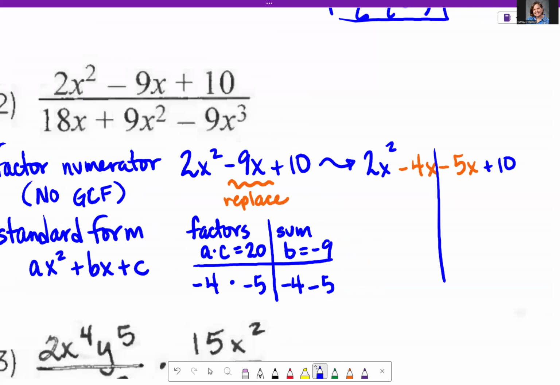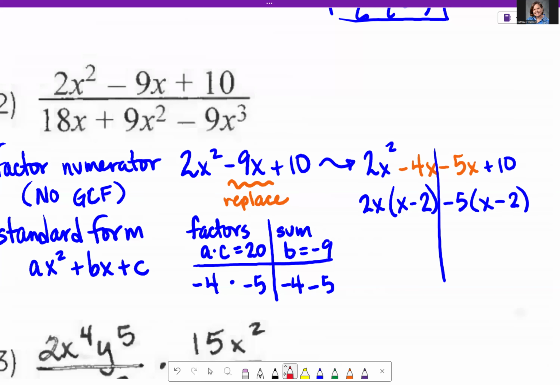And that would be 2x. If I factor out 2x, that leaves me x minus 2. When I compare the second two terms, the greatest common factor is negative 5. And when I factor out negative 5, I have negative 5 times x minus 2.